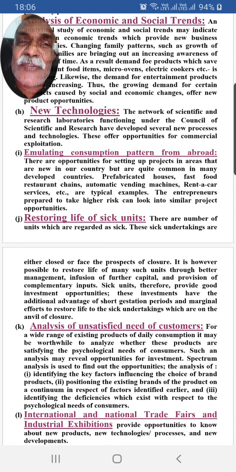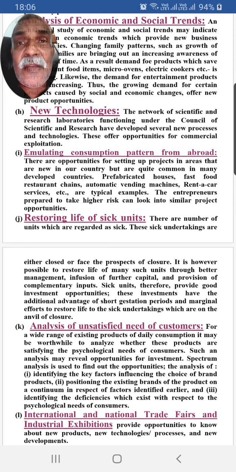Emulating consumption patterns from abroad. There are opportunities for setting up projects in areas that are new in our country but are quite common in many developed countries. In developed countries, these are common, but in our country, maybe it's new.